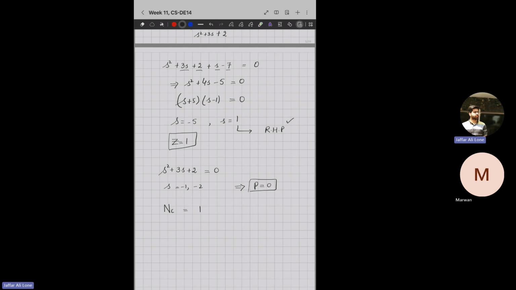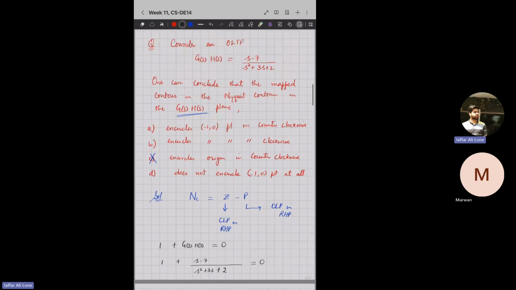My NC is Z minus P, which is equal to 1 minus 0, which is equal to 1, and positive. So it means there is one encirclement of the point minus 1 comma 0 in clockwise direction. Very good.